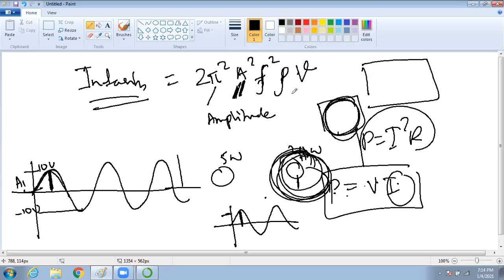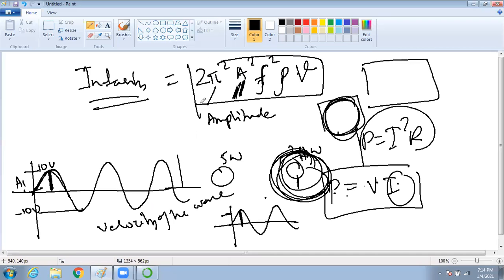And what is V? The velocity of the wave. So remember, all these are constant except amplitude.